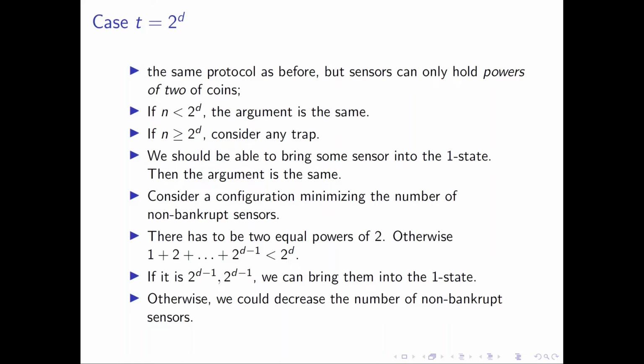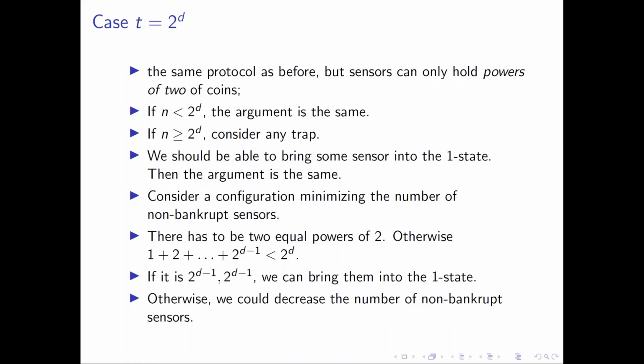When we have 2 and 2, this gives us 4 and 0, and so on. In this way, we can only have powers of 2 or 0. So a sensor just has to remember which power of 2 it holds up to 2 to the D, or if it holds 0 coins. So it's around D states of memory.